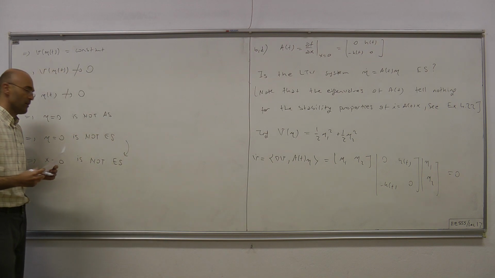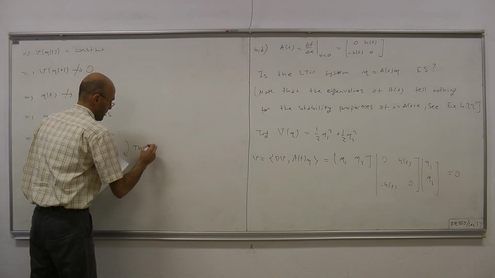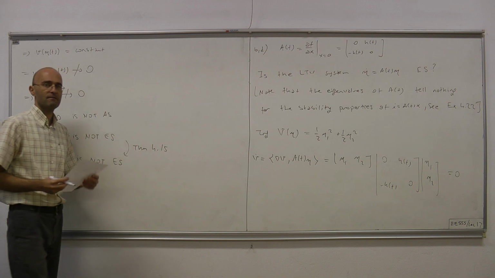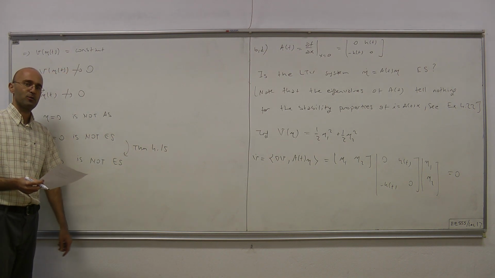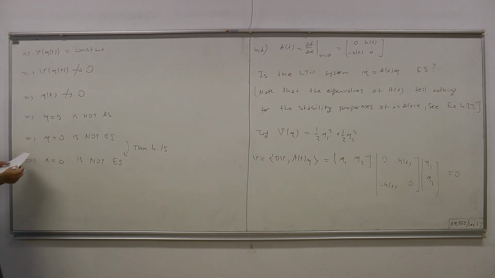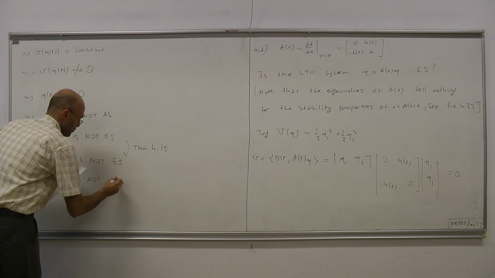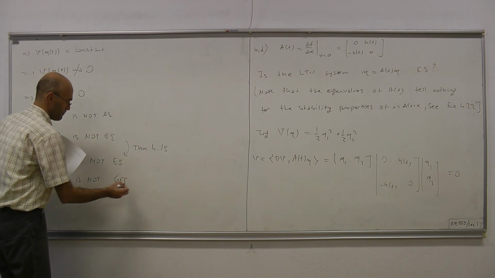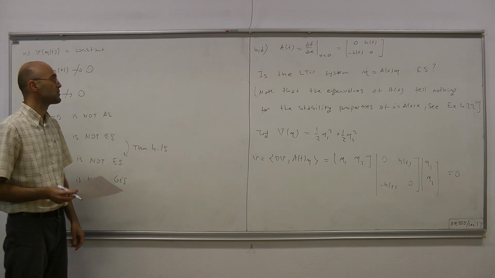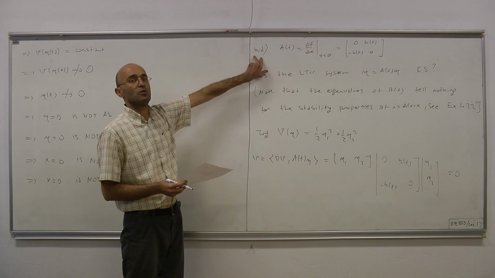And for this step, we use theorem 4.15. And if the origin is not exponentially stable, clearly it's not globally exponentially stable either. X equals 0 is not globally exponentially stable. Okay, that completes the second part of the solution, B and D.